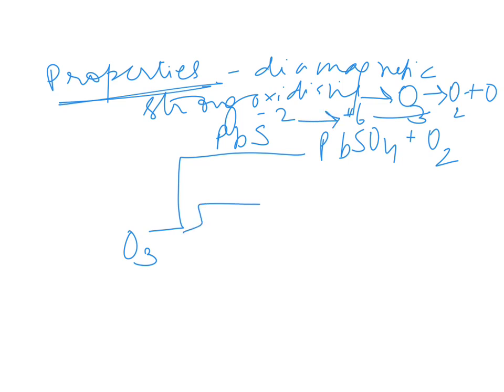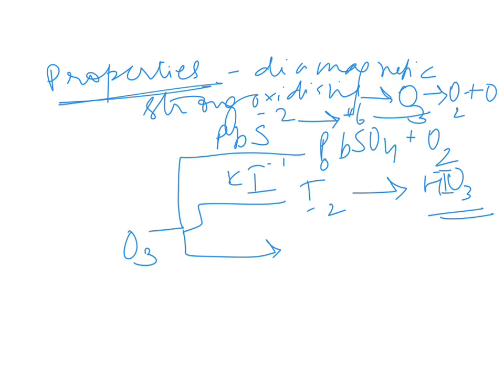Then KI reacts and forms I2. I2 can further react with ozone and form iodic acid, HIO3, an oxoacid of iodine. Here also, it is -1, it goes to 0. Oxidation occurs, with an increase in oxidation number.